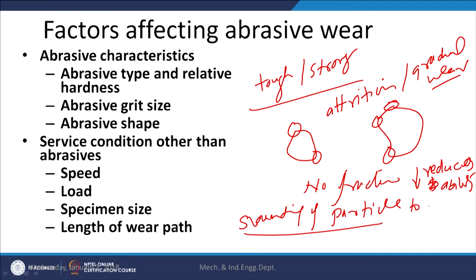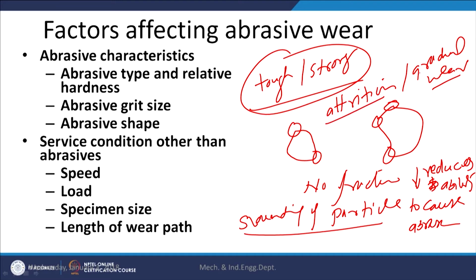to cause abrasion. So, in case of tough and strong abrasives, continuous attrition during the abrasion leads to the rounding of the abrasive particles, which in turn reduces their abradability or cuttability due to the reduction in the number of sharp corners and cutting edges.